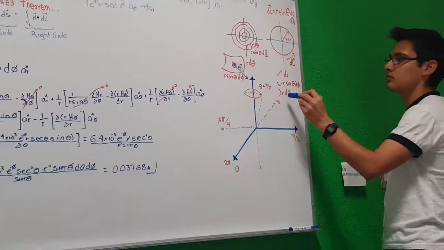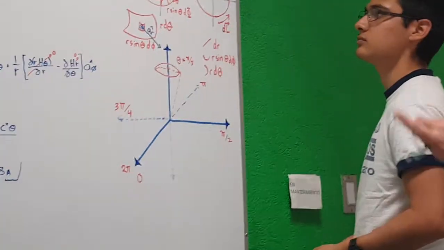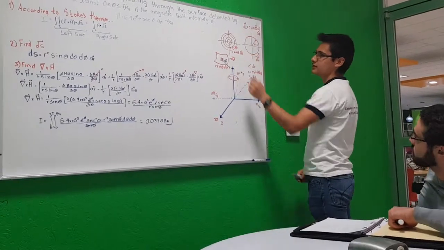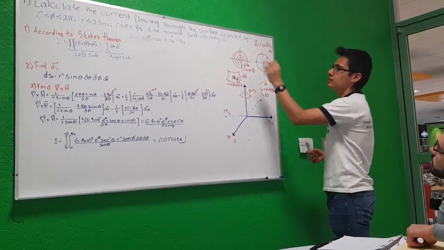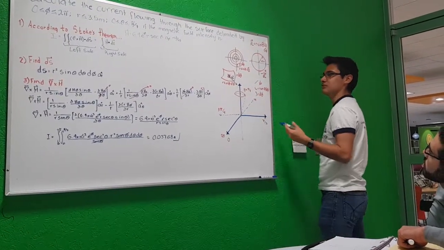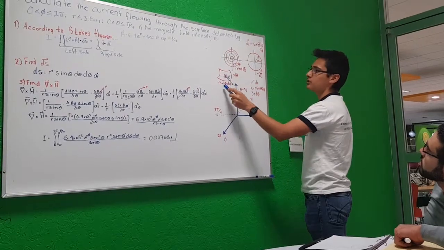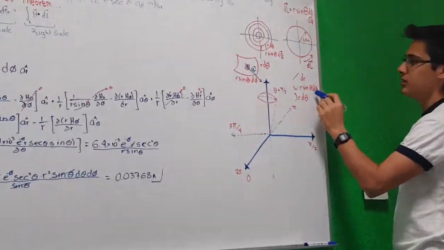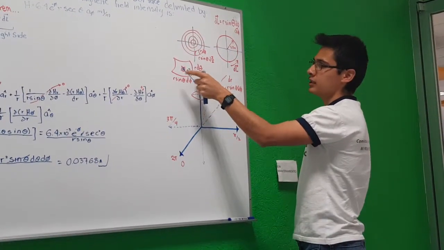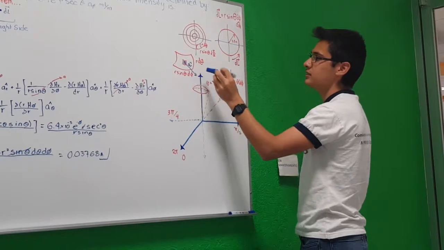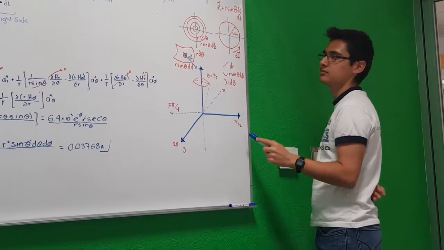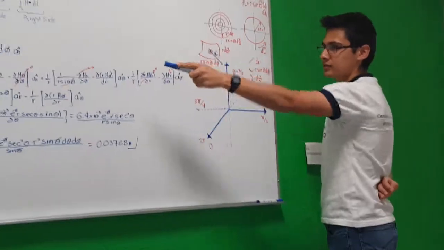Cutting the surface with a lot of circles. If we have little pieces of this, we have to multiply per every one and we get the surface. This side equals r times sine of theta d phi. And if we want to know the area, we have to multiply this times this. This side equals r times d theta. And the result is that.